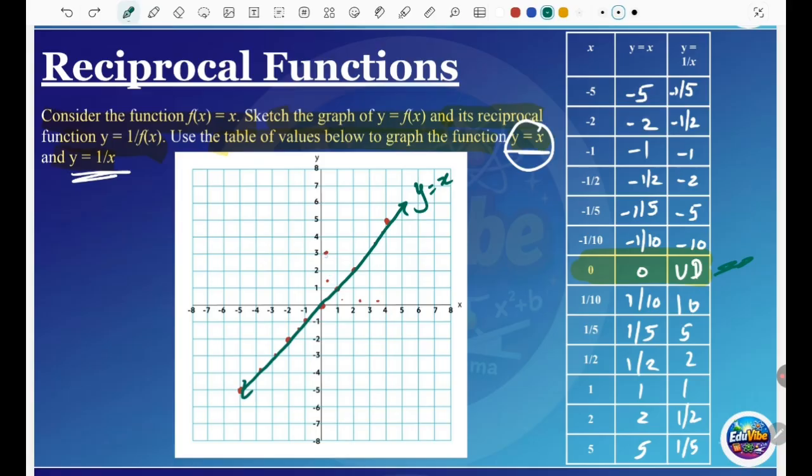It goes very close to the x-axis and close to the y-axis, but it doesn't touch that axis, because at that point y is undefined. So this is an asymptote, and that's why it doesn't touch it, and the same with the other axis. This is not very accurate, but this is the kind of thing you have to know, and this is y is equal to 1 upon x. So this is your reciprocal function graph.